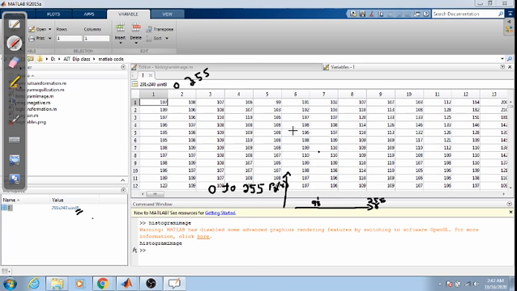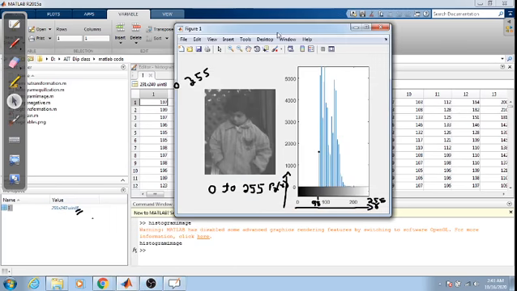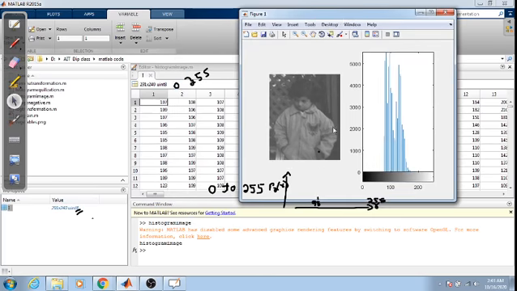Now what we need to do is plot the histogram of this image. When you consider the histogram of this image, you just need to calculate how many elements of a particular range are present. They are given 0 to 255 over here.